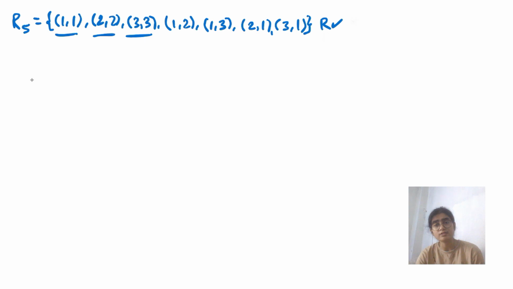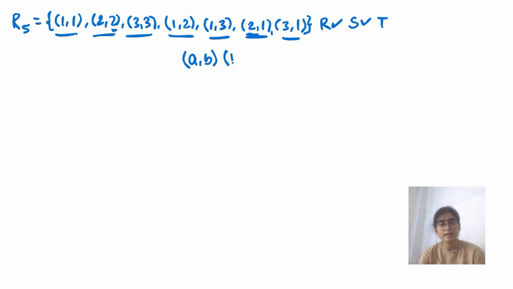Let's check the symmetry. For symmetry, if I have (1, 2), then there should be (2, 1). Yes, it is present. If I have (1, 3), then there should be (3, 1) present. Yes, it is present. So this is also symmetric. Let's check for transitive. For transitive, we have already seen that if there is (a, b) and (b, c) present in the relation, then (a, c) should also be present.